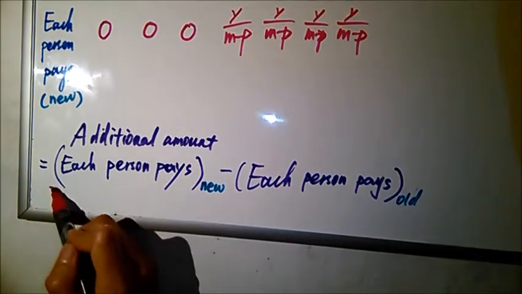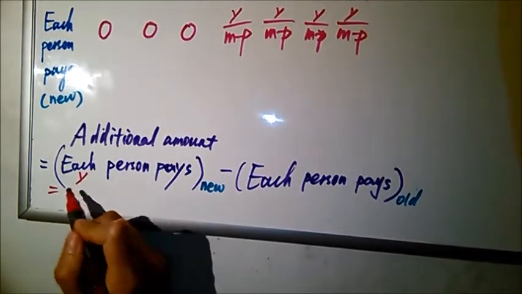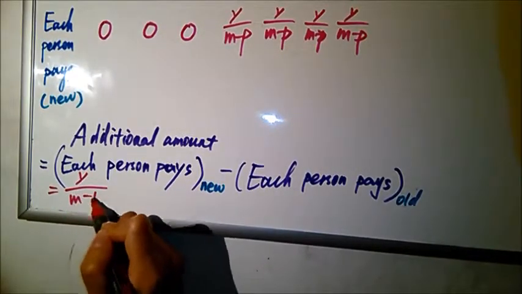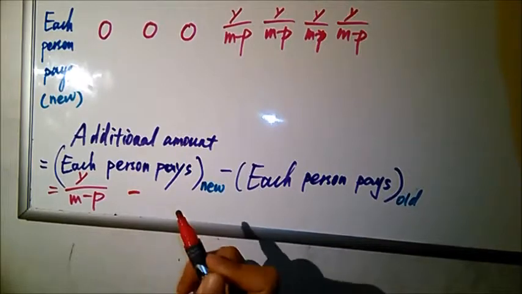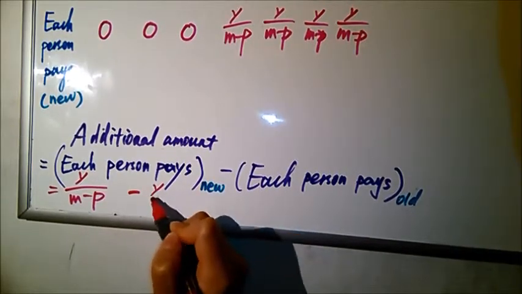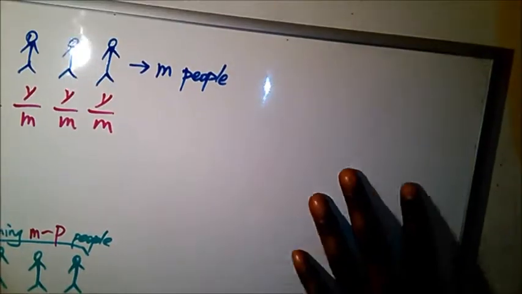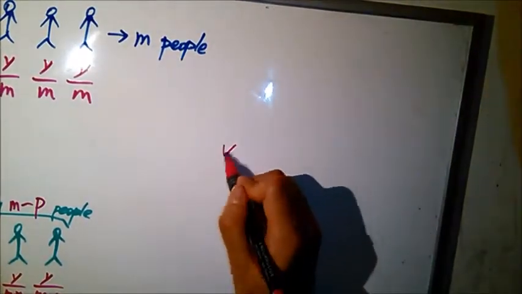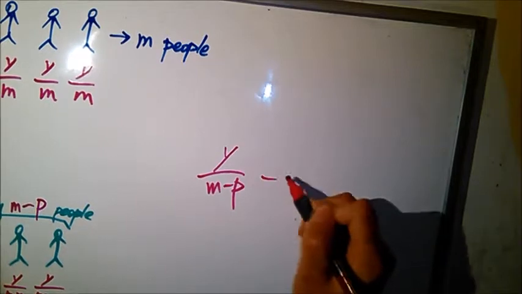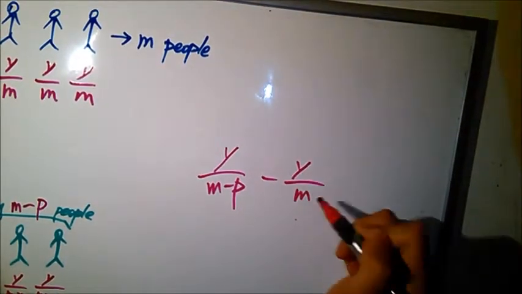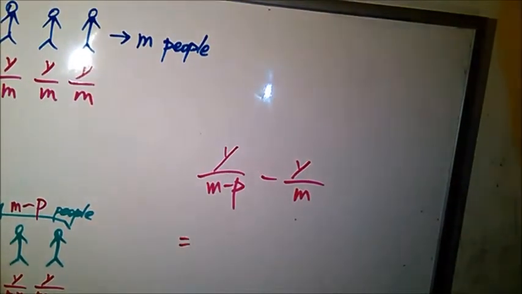Y over M minus P minus Y over M. And we need more space here, so put the same equation over here. So Y over M minus P minus Y over M. Now we have to simplify this further.